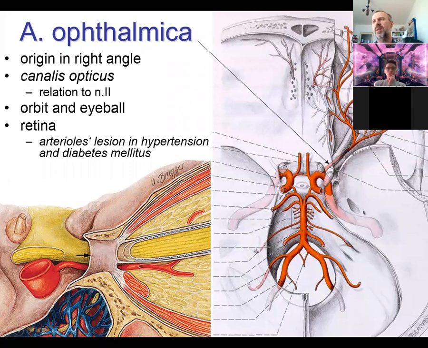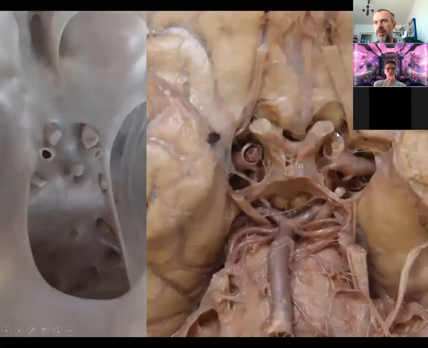Yeah, but we will talk about this later in the eye. So, which branches of the ophthalmic artery should you know? You can see that there are many branches. And first, we see how it's arranged.